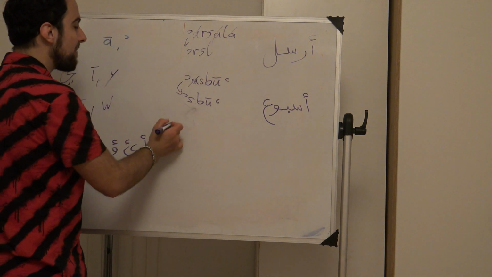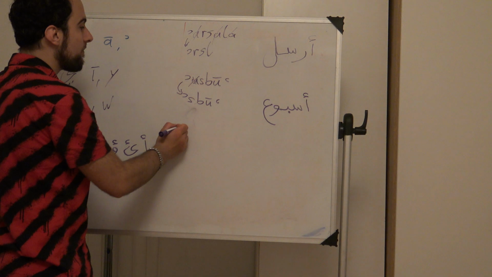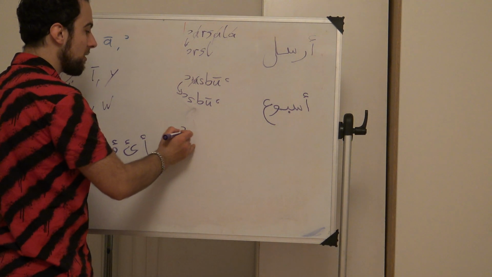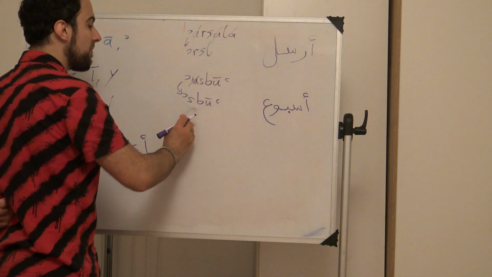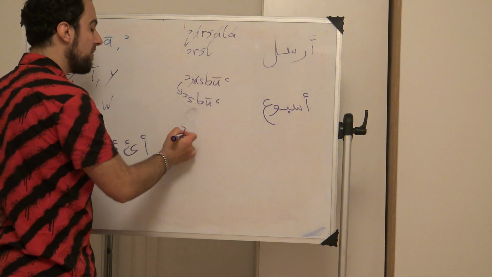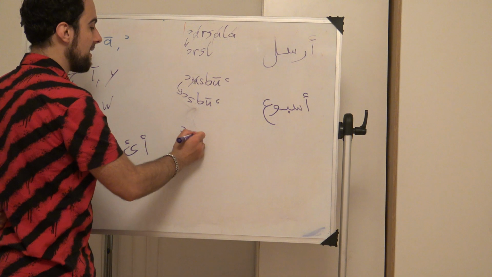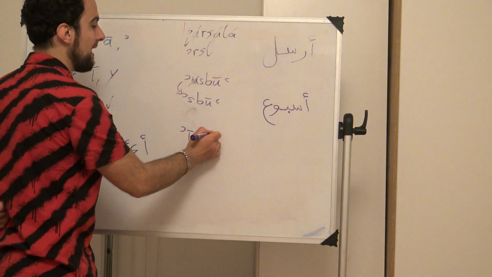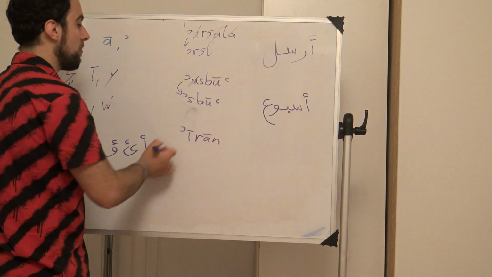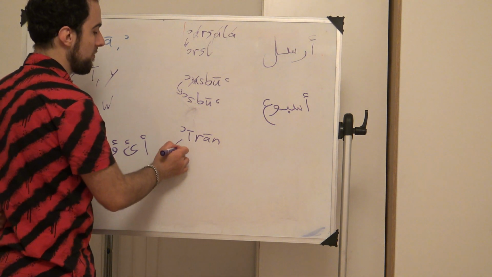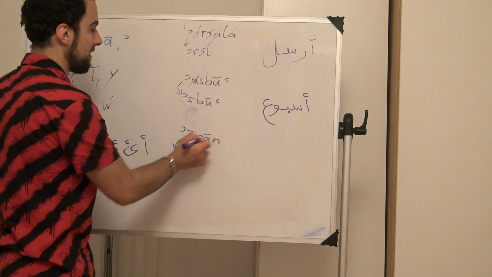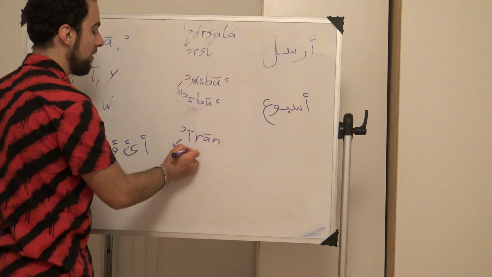Well, one exception is if at the beginning of the word, after the Hamza, an E vowel follows, like in Iran, which means the land of Iran. We cannot really cut off something here, all the vowels are long.